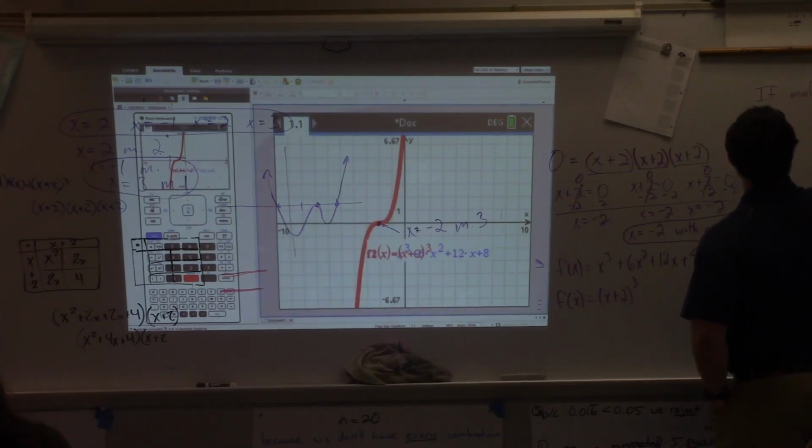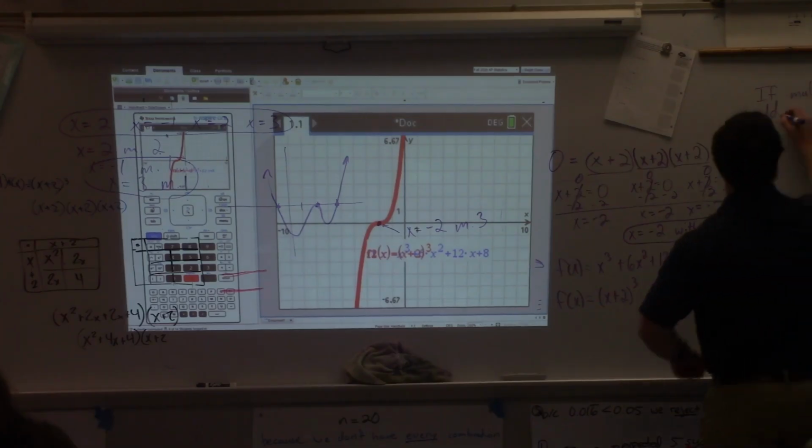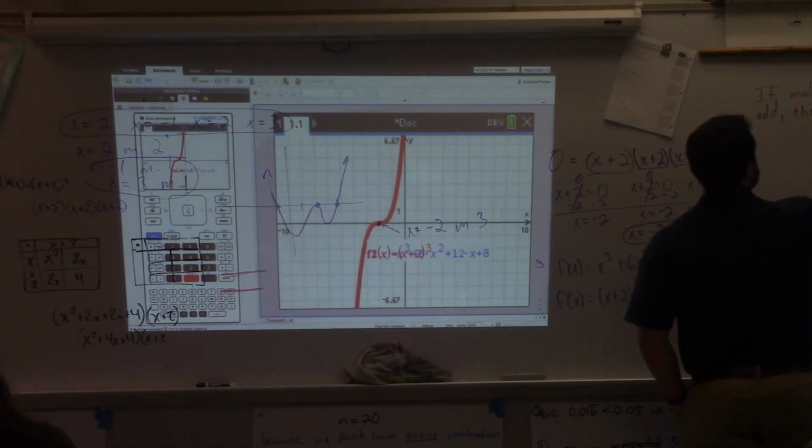Where are we writing this? Bottom left where it talks about zeros and multiplicity. If it's even, it's out. Yes.